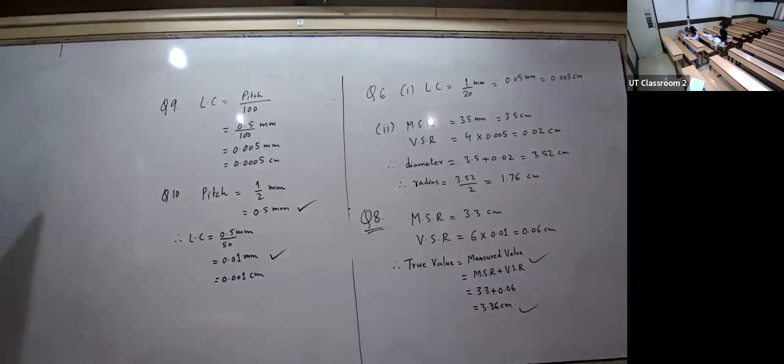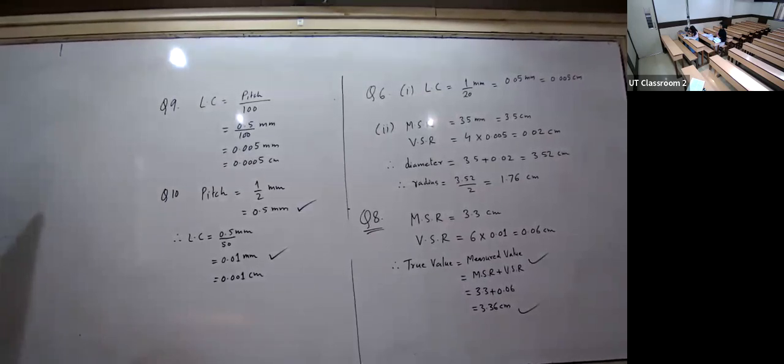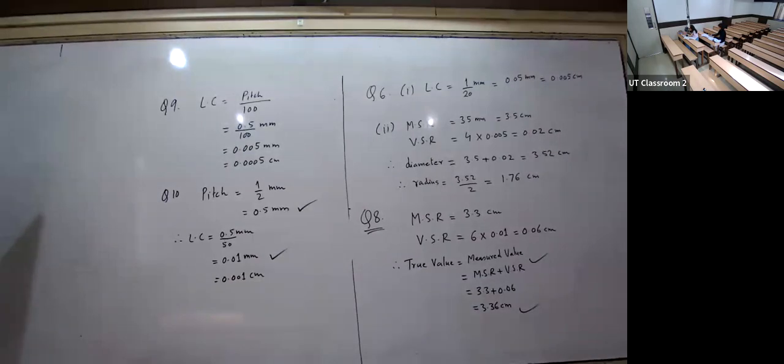Then diameter is, so how to find out? MSR plus CSR. So what is the MSR? The reading on the sleeve is found to be 1 millimeter. So this is MSR. 1 millimeter is 0.1 centimeter.